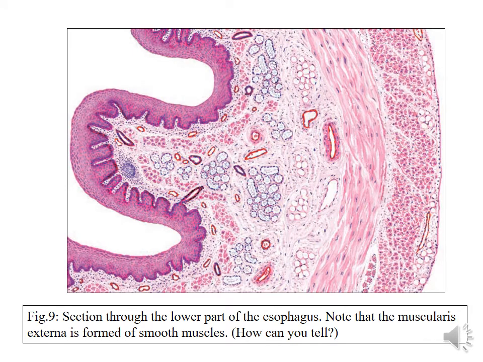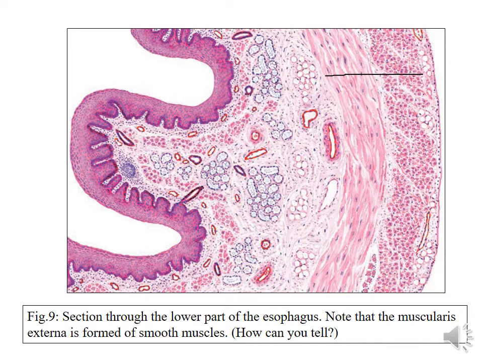Here is a cross-section through the lower part of the esophagus. In this part, the muscularis externa is formed of smooth muscle. So when I take a cross-section through the lower part of the esophagus, I am taking a longitudinal section of the circular muscle layer.